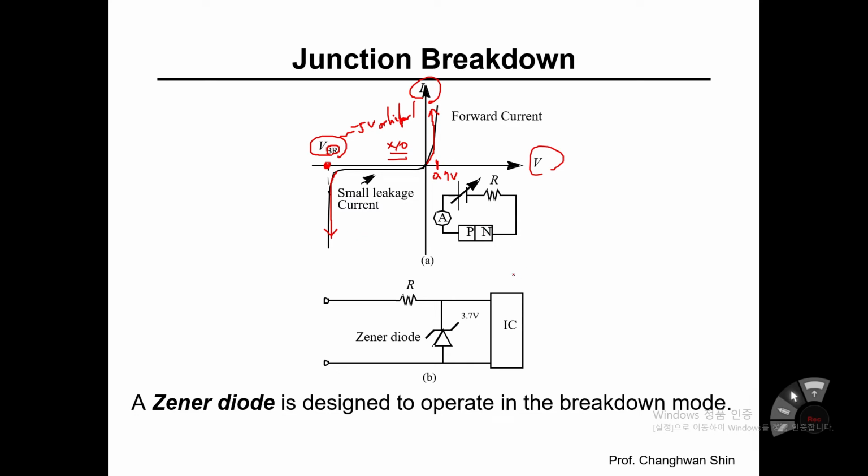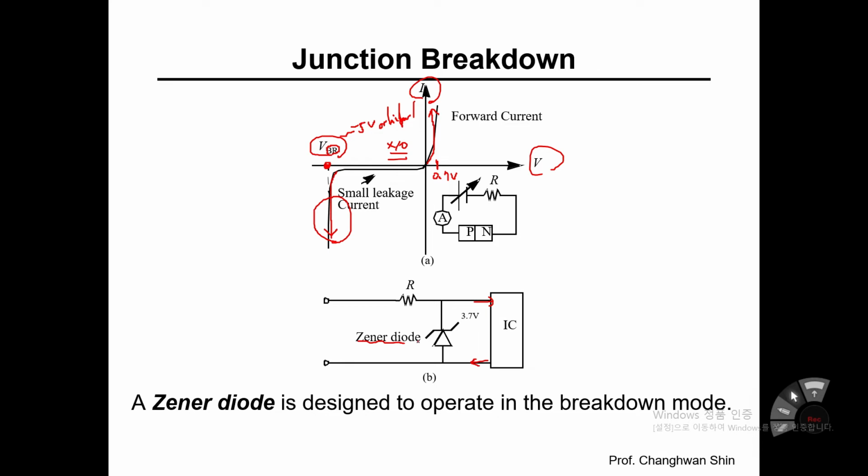Okay, then the next question to come up with is, what is the main application of this junction breakdown leakage current? To protect against any unwanted current flow into the integrated circuit chip, a Zener diode can be used as an electrostatic protection circuitry.